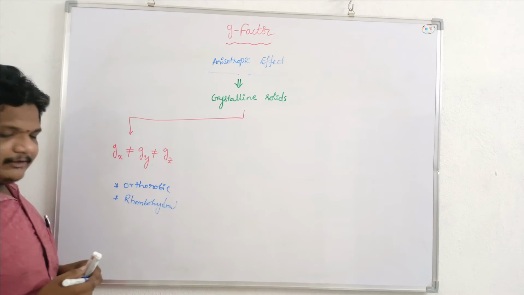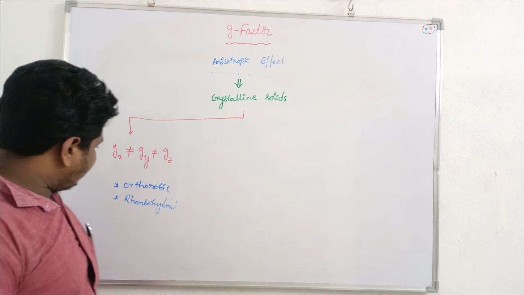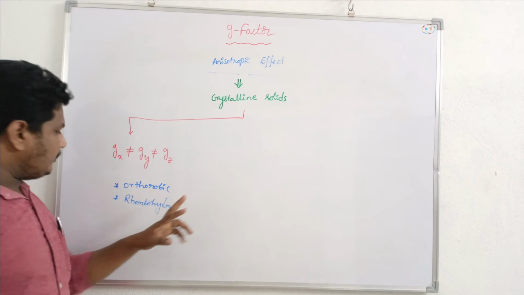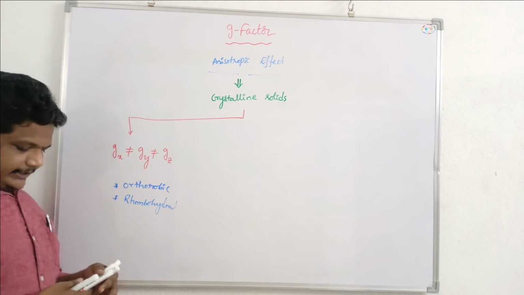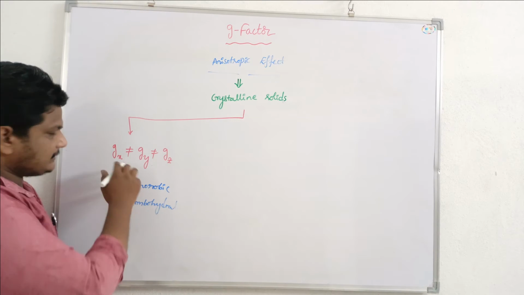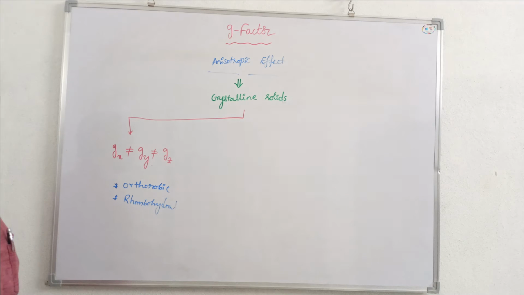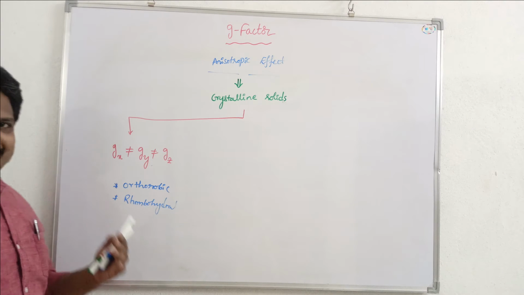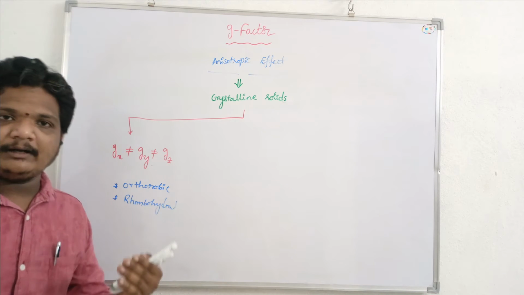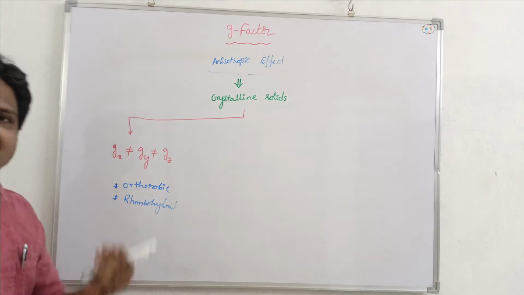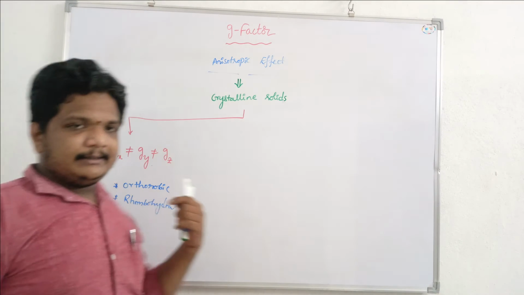In this case, we can observe three sets of lines because we have three different g values. Along the x-axis, y-axis and z-axis the electron density is different, so three different g values are observed.